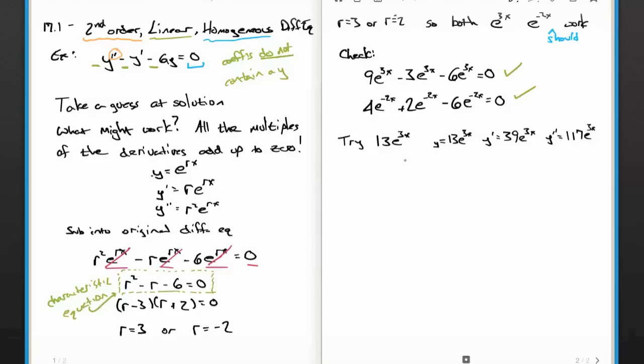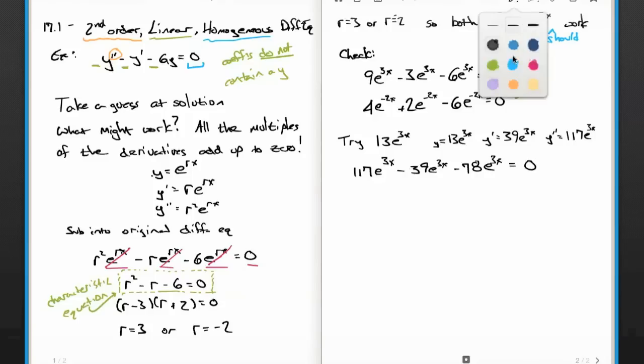If I put all these in together, it's the second derivative, which is 117e to the 3x, minus the first derivative, which is 39e to the 3x, minus 6 times 13, which is 78e to the 3x, equals, what does that equal? 117 minus 39 minus 78 equals 0.